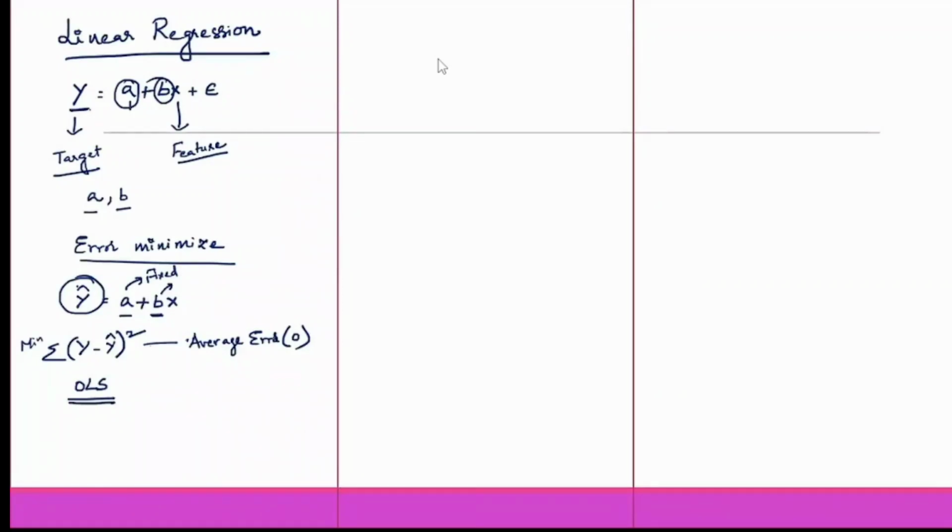Now, how do you find out these coefficients? If we go a little bit deeper, y hat is equal to a plus bx, and your epsilon is y minus y hat.